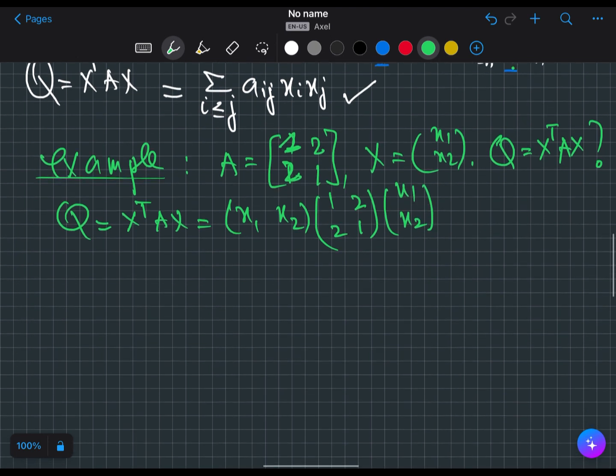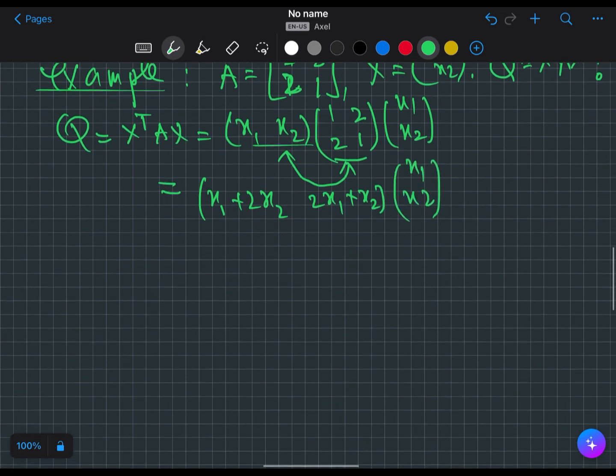If I multiply the last two first, I will have x1 plus 2x2, 2x1 plus x2, times x1, x2, which gives me x1 squared plus 4x1x2 plus x2 squared.